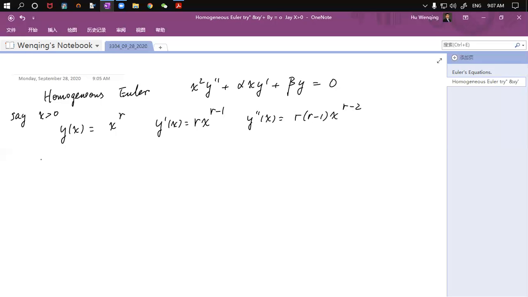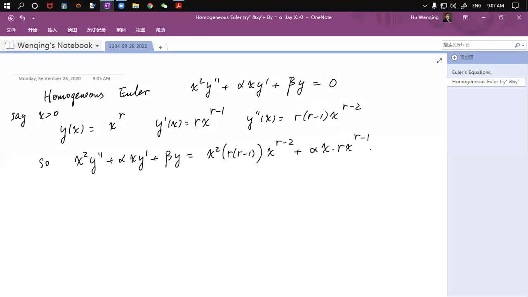So that means x squared y double prime plus alpha x y prime plus beta y is equal to x squared multiplied by r times r minus 1 times x to the power r minus 2, plus alpha x times r x to the power r minus 1, plus beta x to the power of r.